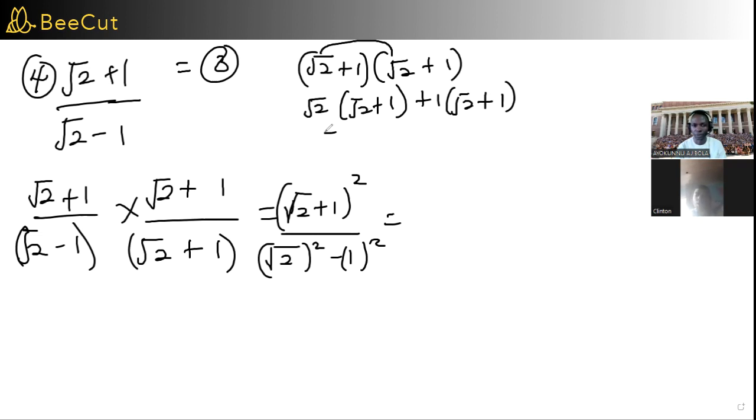So root 2 times root 2 is root 4. Then root 2 times 1 is root 2. Then plus 1 times root 2 is root 2, right? Then plus 1 times 1 is 1.